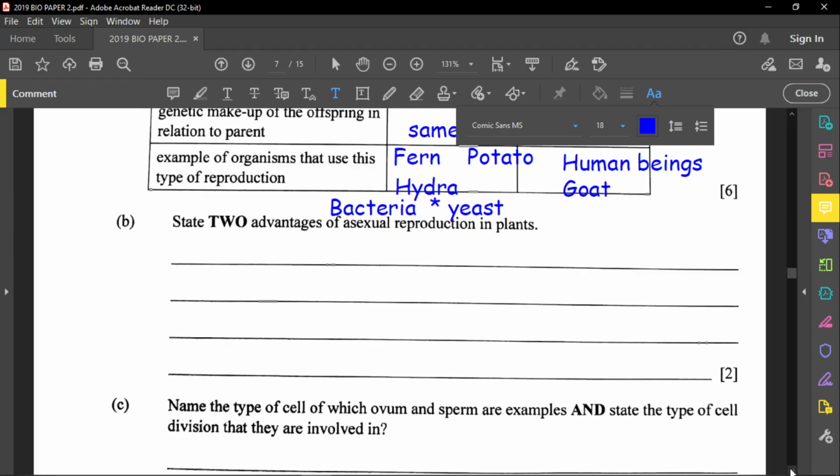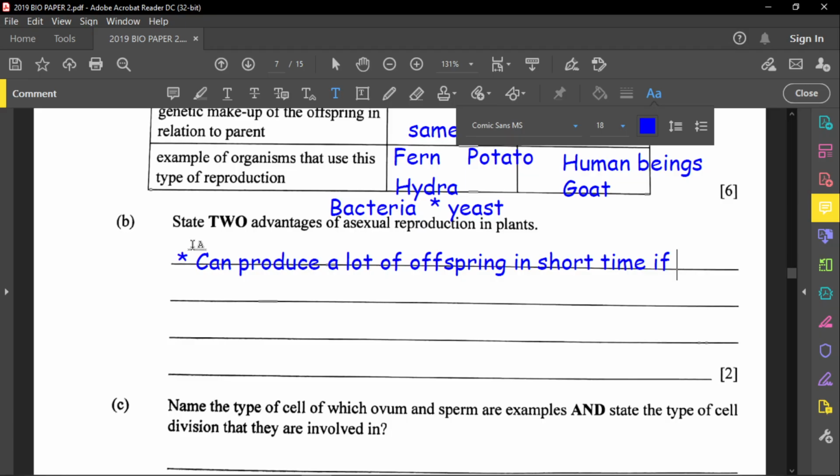Now, the thing is this now. Since it's fast and short, we can produce a lot of offspring. Okay, a lot of offspring. And these offspring can be a lot in a very short time. So if it is desired, so can produce a lot of offspring in a short time.